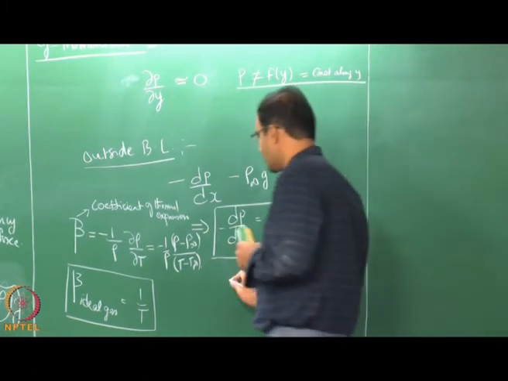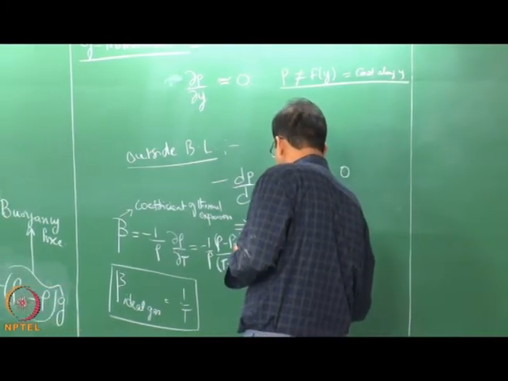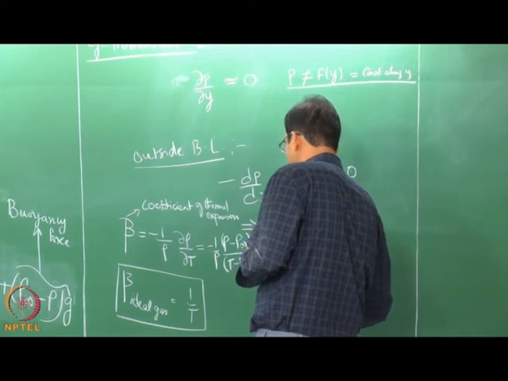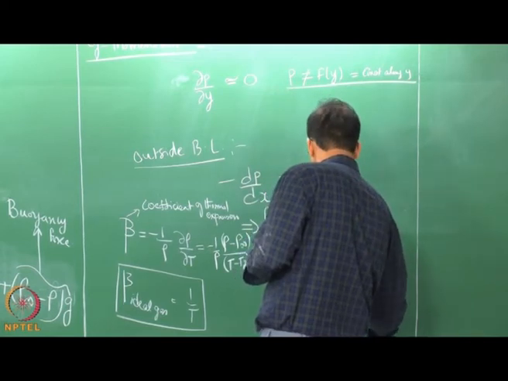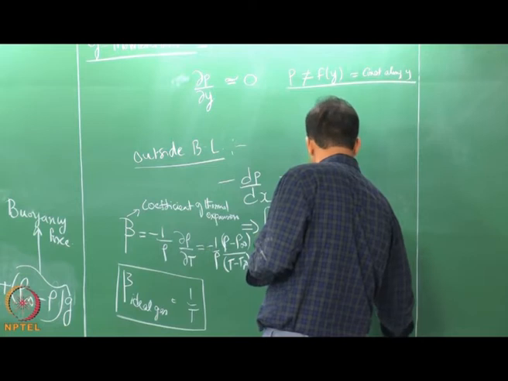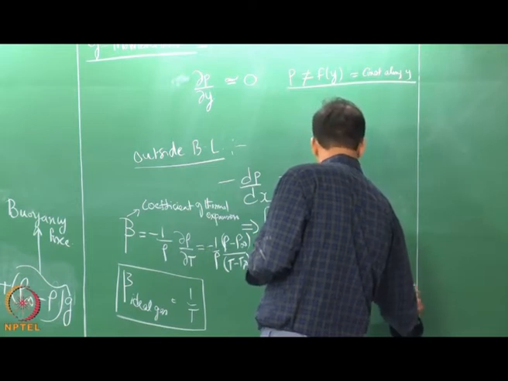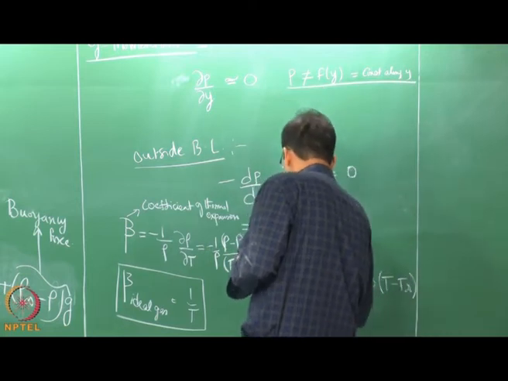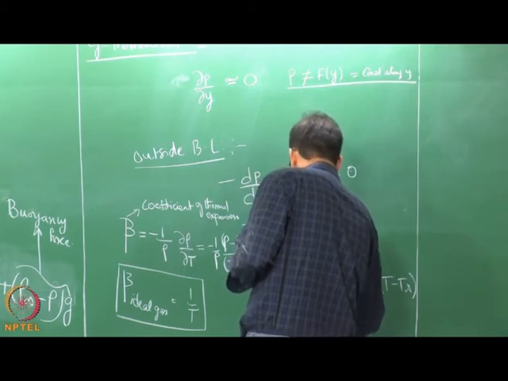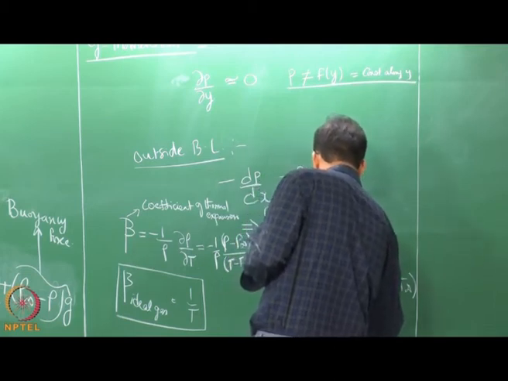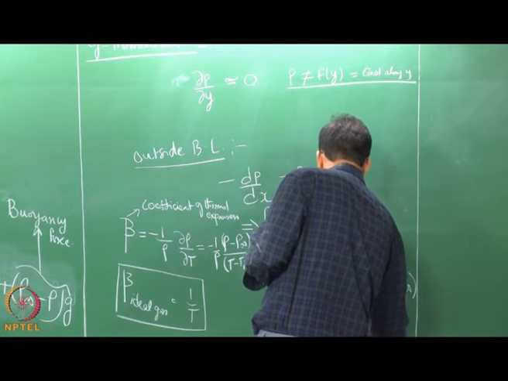So, what do you get? Rho minus rho infinity is equal to minus rho beta into T minus T infinity, or rho infinity minus rho is equal to rho beta T minus T infinity.